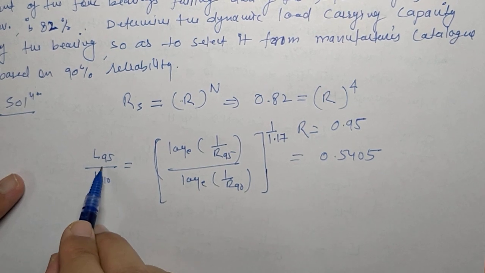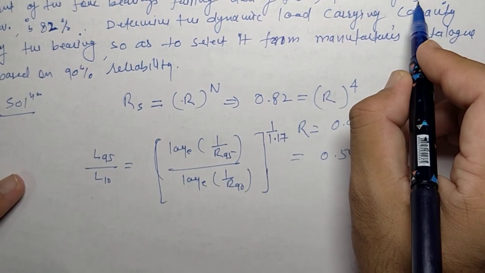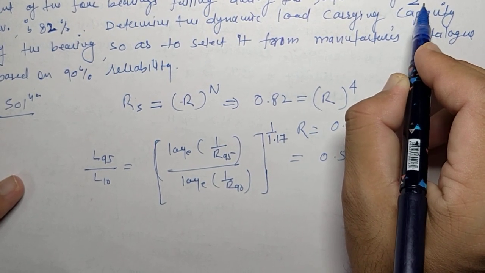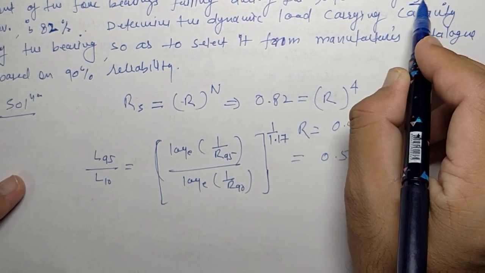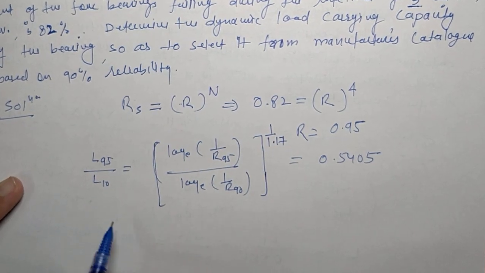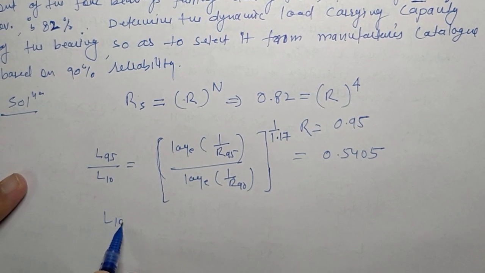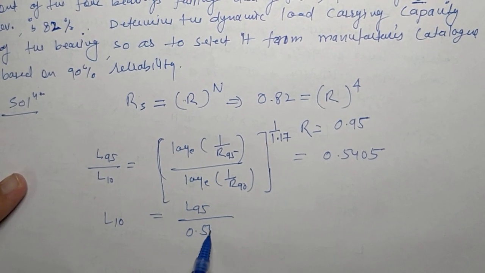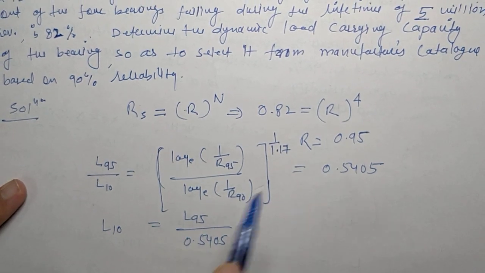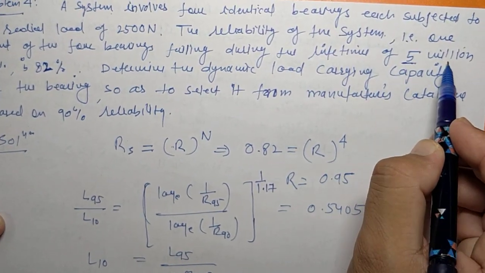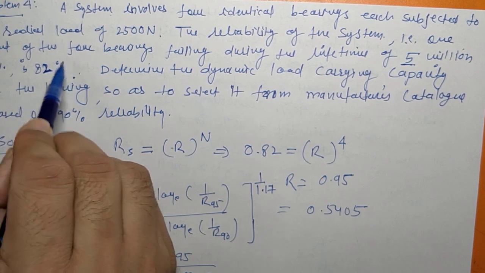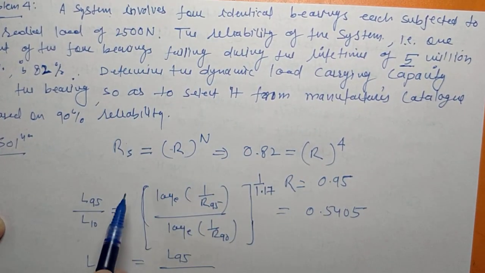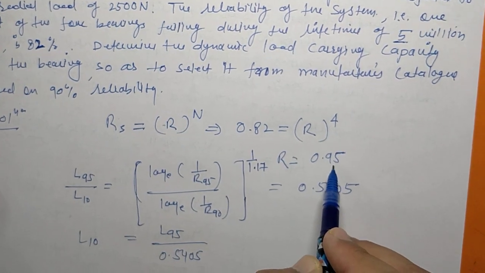Now the L95 life is given as 5 million revolutions. From this we can find out the L10 life. L10 life is L95 divided by 0.5405, and the L95 life is given as 5 million revolutions. This 82% reliability is the system reliability, and for the individual bearing we found the reliability is 95%.